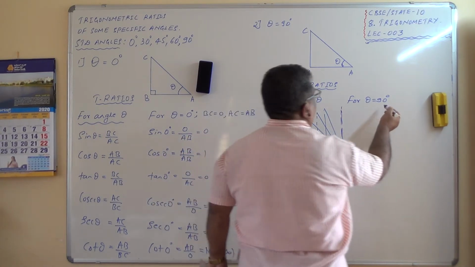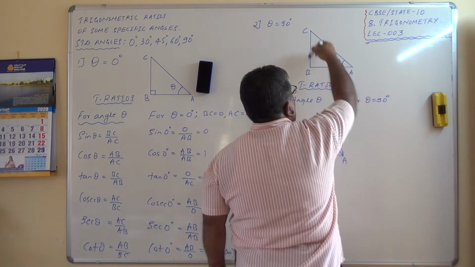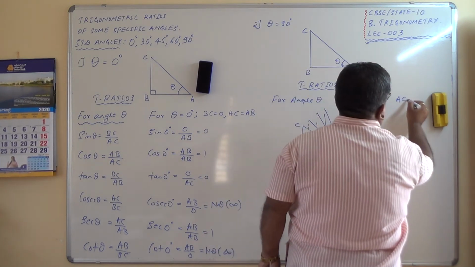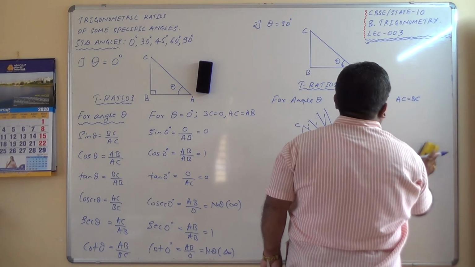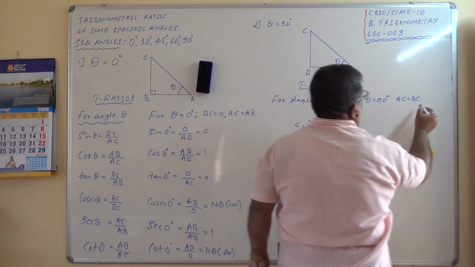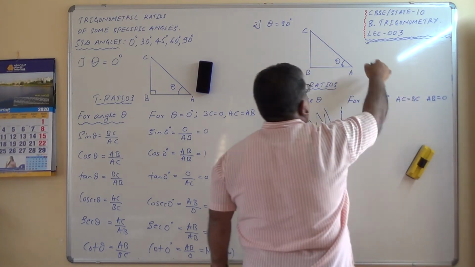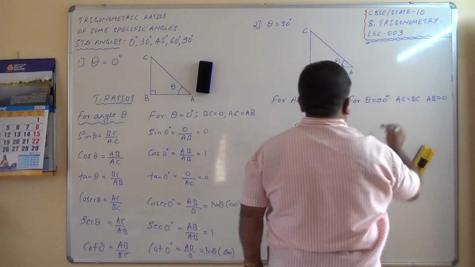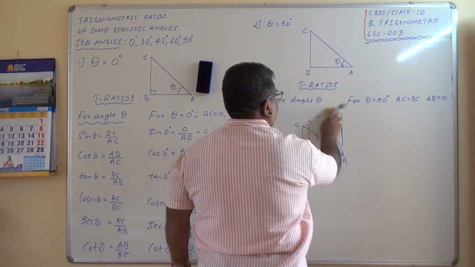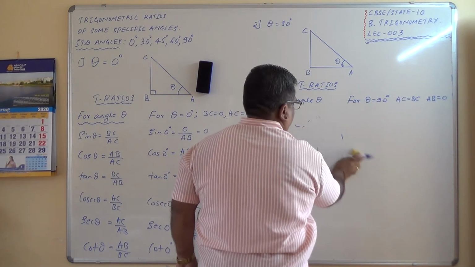So for theta equals 90 degree, AC equals BC and AB equals 0. So with this, we'll try to write the values now.